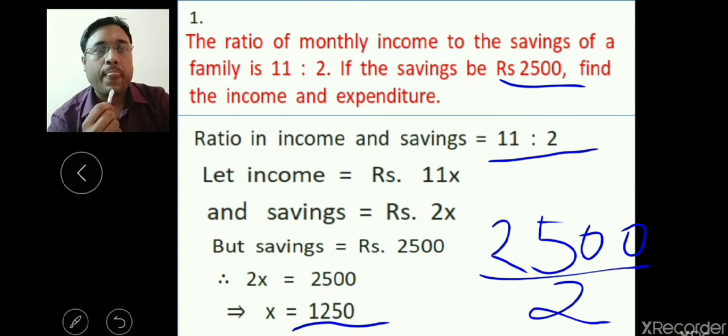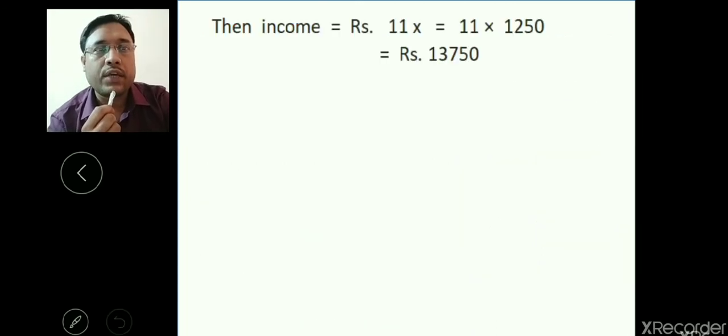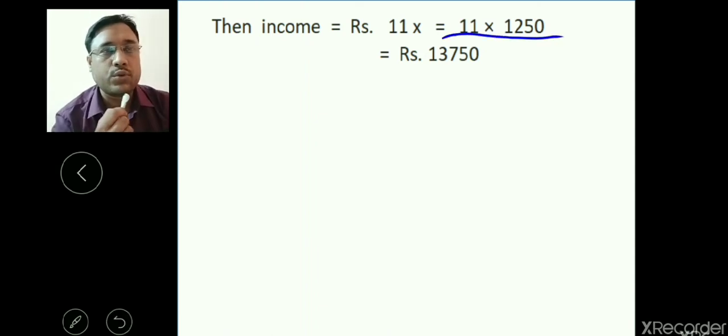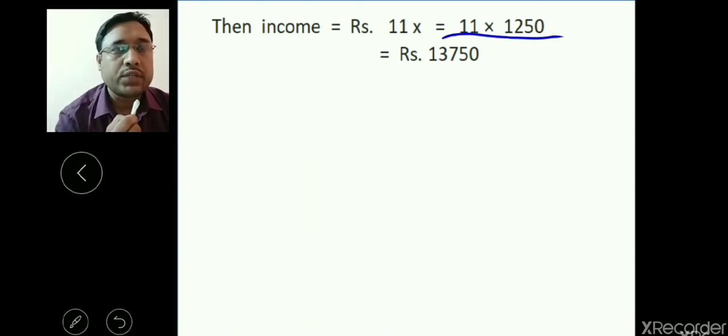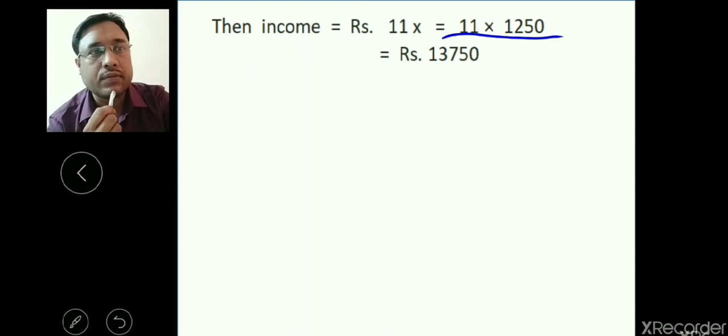Now we can find the other things. Income equals 11x, that means 11 into 1250, which is equal to 13,750.